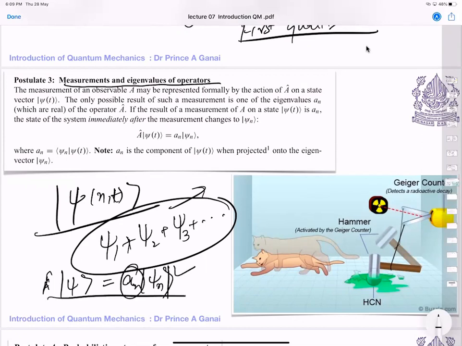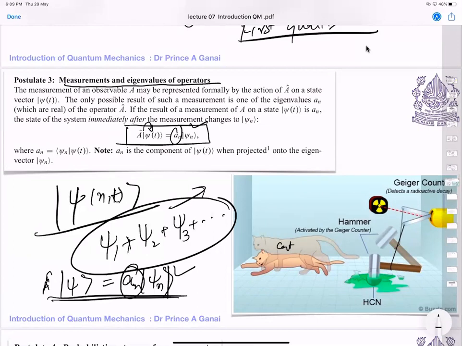So this you need to understand a bit, right? This is the postulate: the operator operates on a wave function and returns the eigenvalue and eigenfunction of the system. What do we mean by this eigenvalue and eigenfunction? What does it technically mean? Basically, a quantum mechanical state could be in a superposition state. For example, you have a cat in a box.